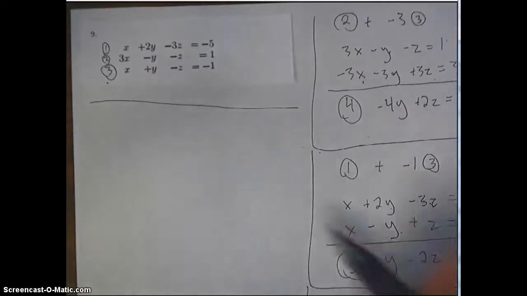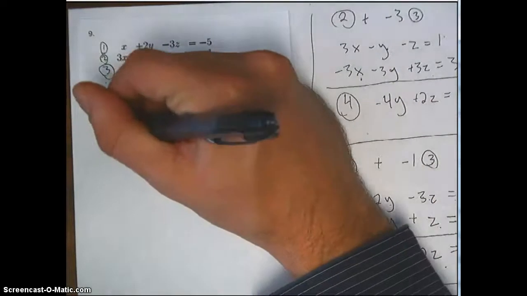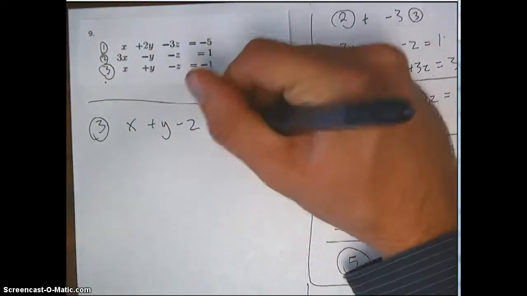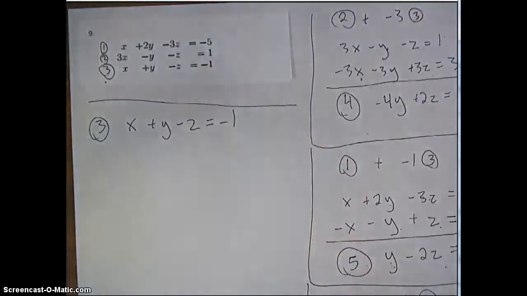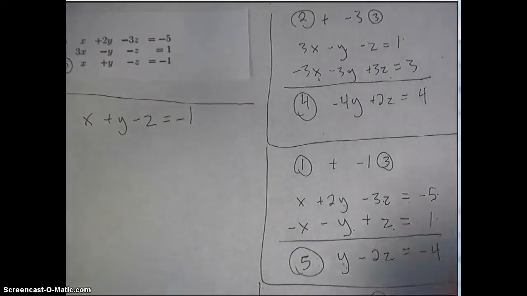So I'm just going to pick any one of these 3. I'm going to pick the one that looks the easiest. So I'm going to pick number 3. Because that's x plus y minus z equals negative 1. And then I need to pick one of these 4 or 5. And again, you should just pick the one that looks easier. I'm going to pick 5.